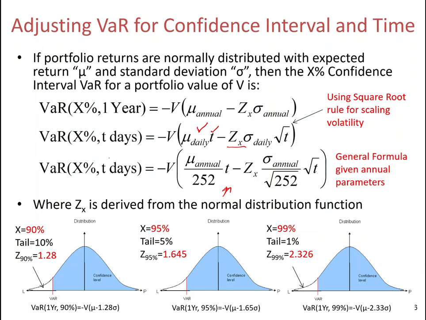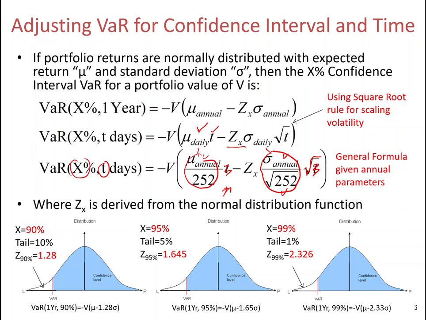So if you're looking for the T-day VaR for an X confidence interval, and you're given annualized means and annualized volatilities of the portfolio, you take the annualized mean divided by 252, which turns it into a daily mean, and take the annualized volatility divided by the square root of 252 days in a year, which turns it into a daily standard deviation, and then multiply times the square root of T, which, if you're looking for a 3-day VaR, would just be 3 days, and this would be 3 days. So there you go.